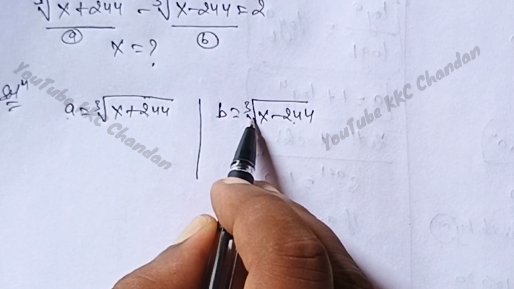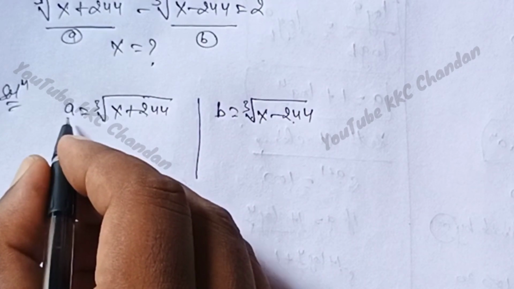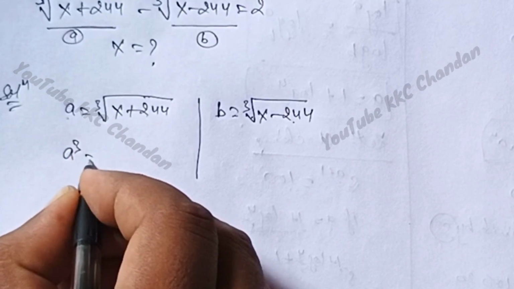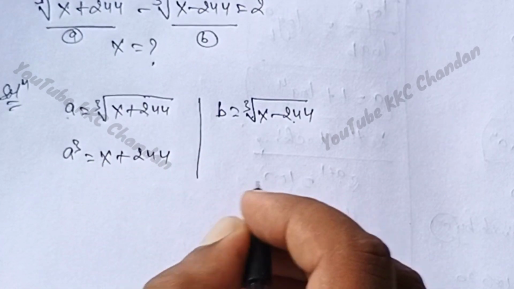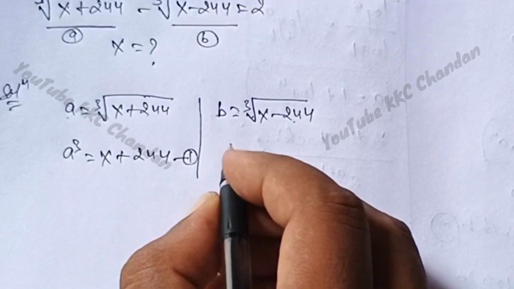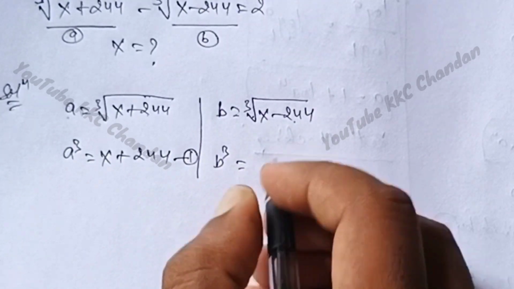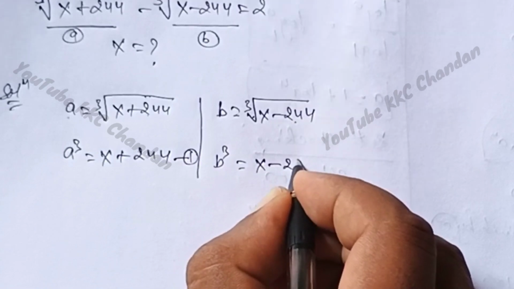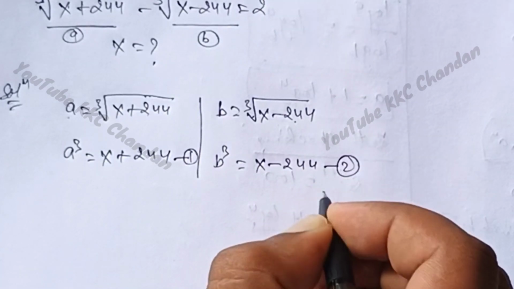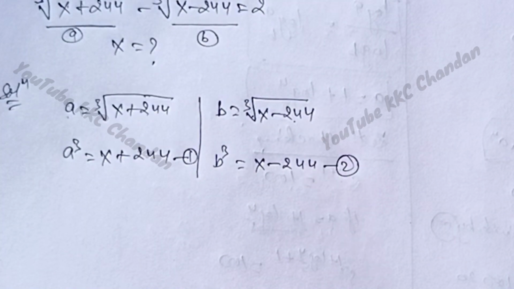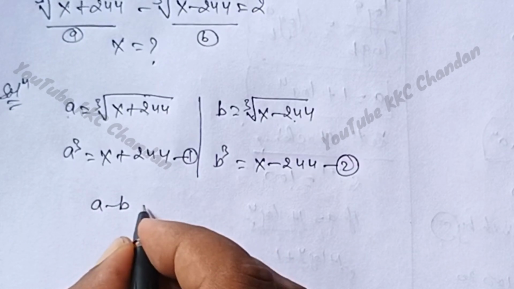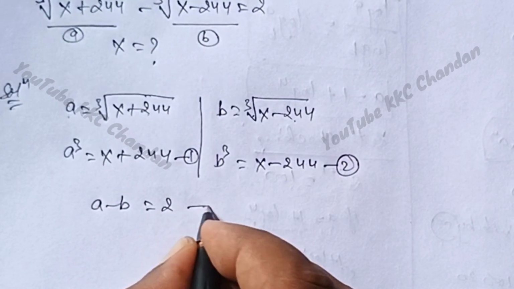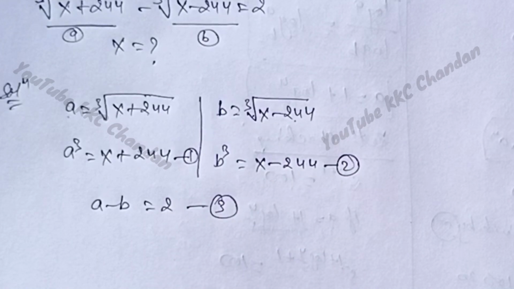We remove the cube root, then we apply cube. A cube is equal to x plus 244. This is equation number 1. B cube is equal to x minus 244. Equation number 2. After that, A minus B is equal to 2. This is equation number 3.